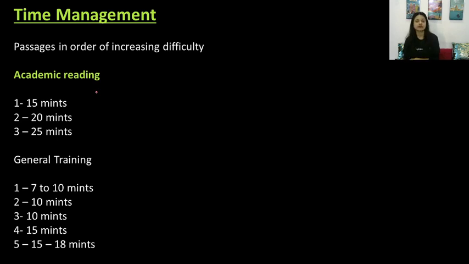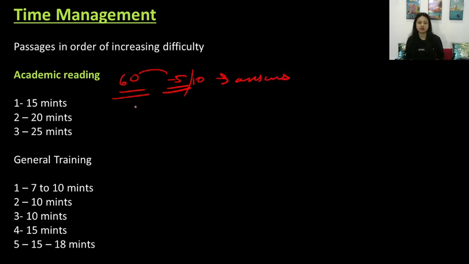In the reading exam, you don't get that time. So out of the 60 minutes, you have to take 5 to 10 minutes to write your answers. So how much time do you have now? 55 minutes, or you can say 50 minutes.